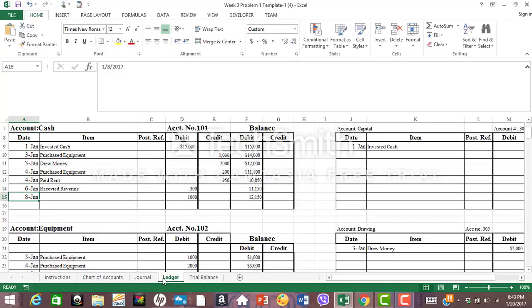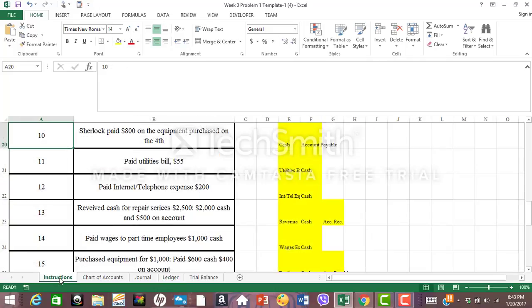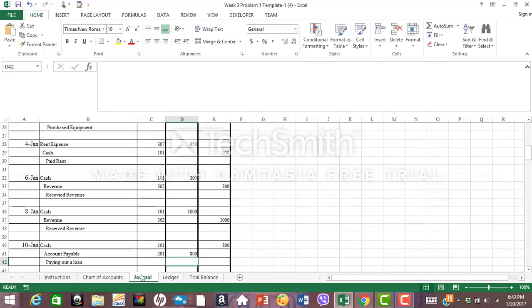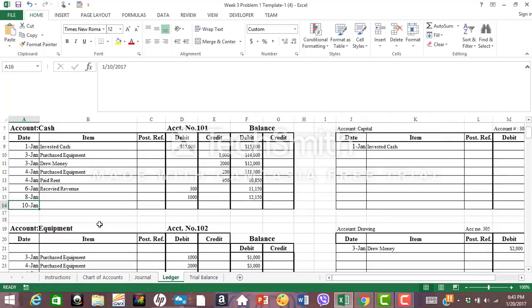And you do January 10th. Right? Am I right? January 10th? Yes. Okay. January 10th, and then paid bill for $800 cash. So now that would be equal to 12,150 minus $800. It is 11,350.